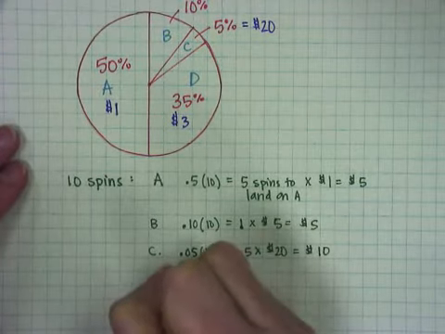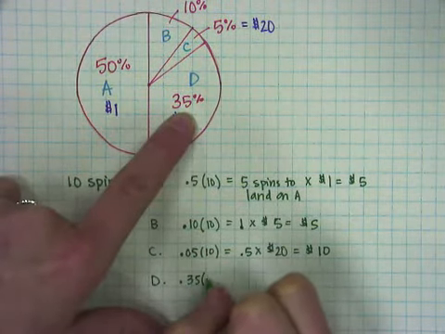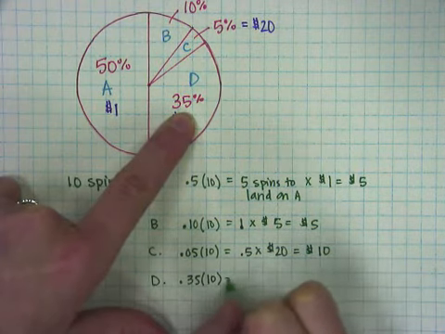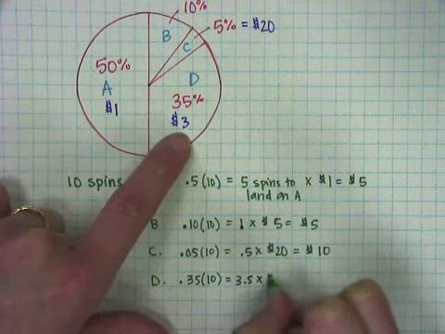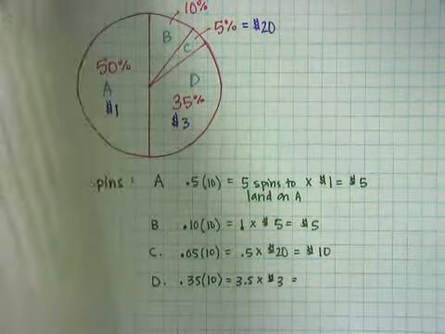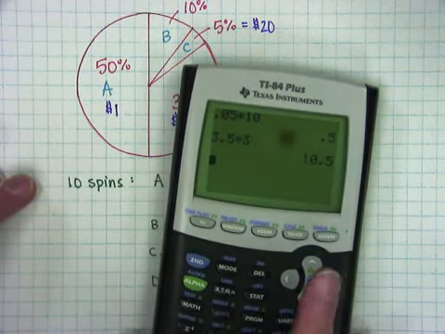And then for region D, I expect it to happen 35% of the time. So 35% of 10 spins is 3.5 spins. And when that happens, I would expect to make $3. So in this situation, 3.5 times 3 would give me 10.5.